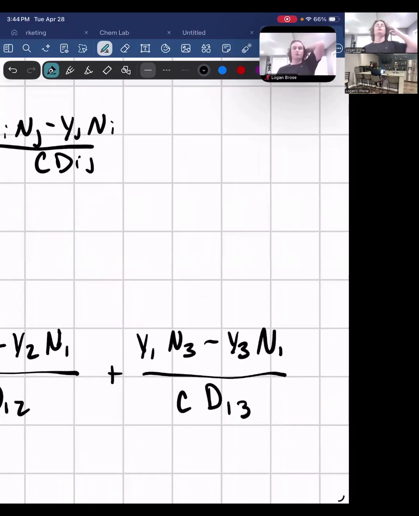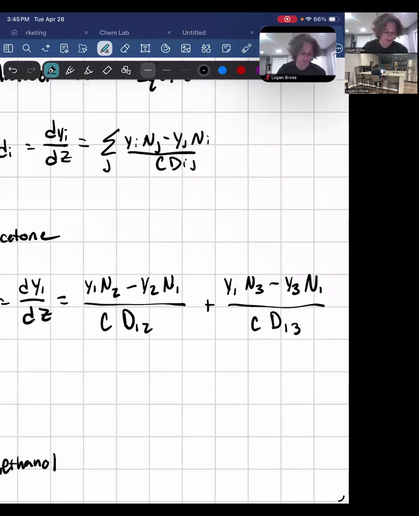So those are our two terms that have substance. Technically you could do a third one, y1 times N1, but because it's acetone to acetone, that's just zero, so we don't have to do that.